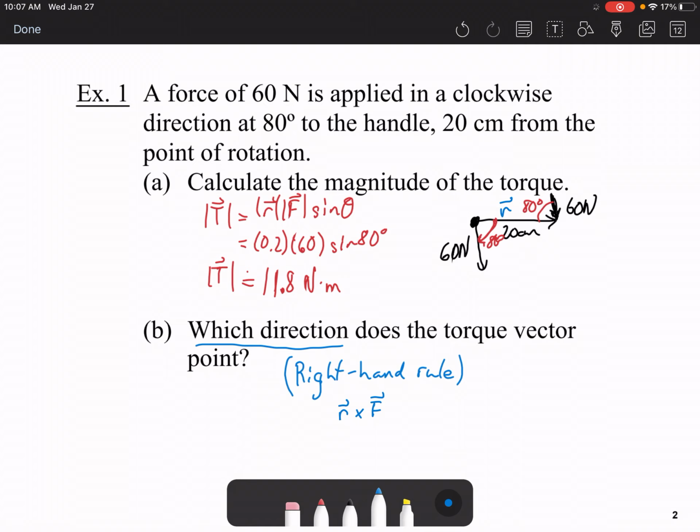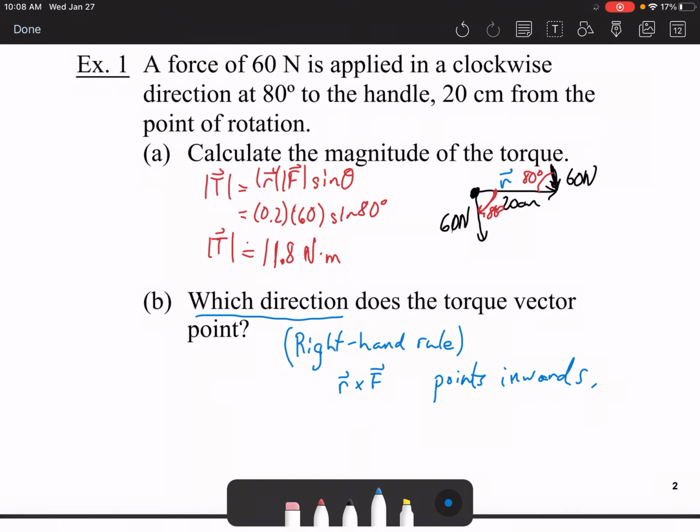The only way your finger can point is your right-handed thumb points inwards. So if you ever wanted to describe this, you can write this as into the page, and therefore it's kind of like screwing it in.